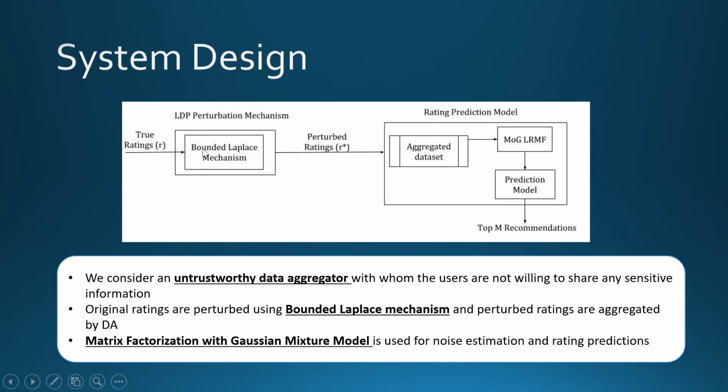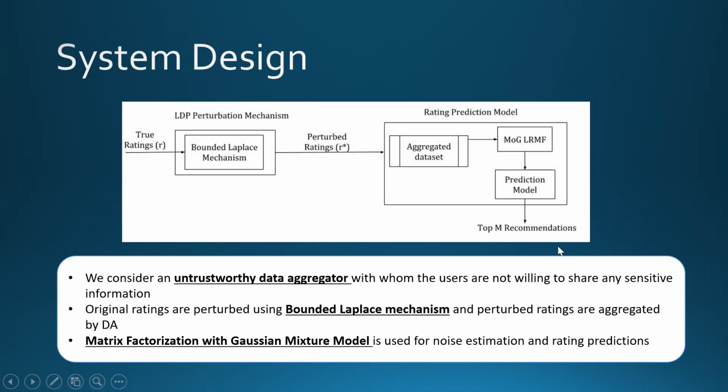In our case, we are using a perturbation mechanism called the Bounded Laplace mechanism. Using this mechanism, the perturbed ratings are created and sent to the data aggregator. We are considering an untrustworthy data aggregator here, so the users are not willing to share any sensitive information with them.